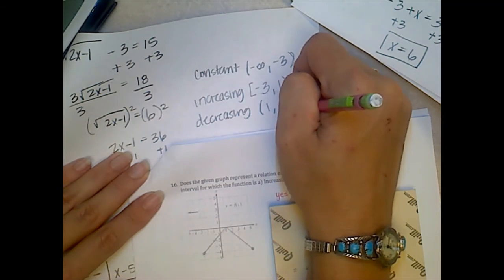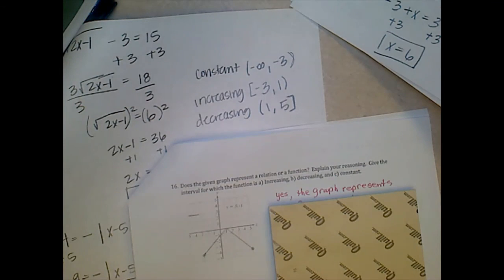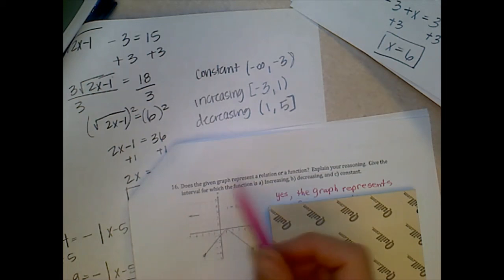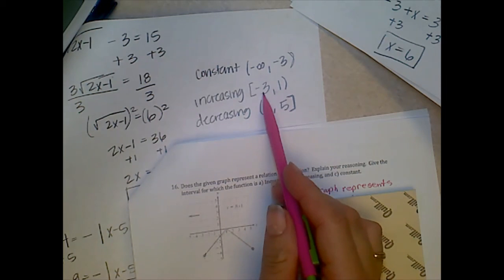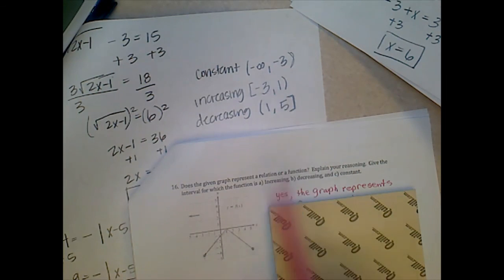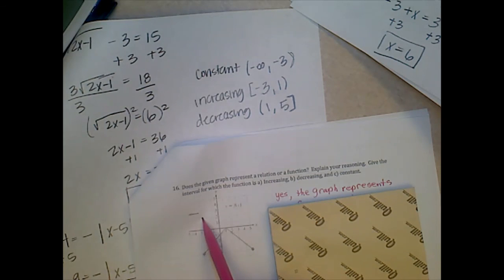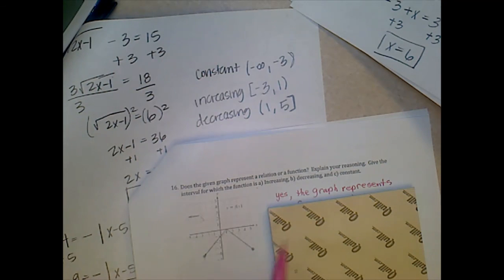And that circle is closed, so we're going to use a square bracket rather than a curved one. Okay, that is as complicated as that gets, but those are easy questions to ask, so make sure you understand. These are not x-y ordered pairs, they're only talking about the x. So from negative infinity all the way to negative 3, we're just looking at left and right. And that is your whole review.